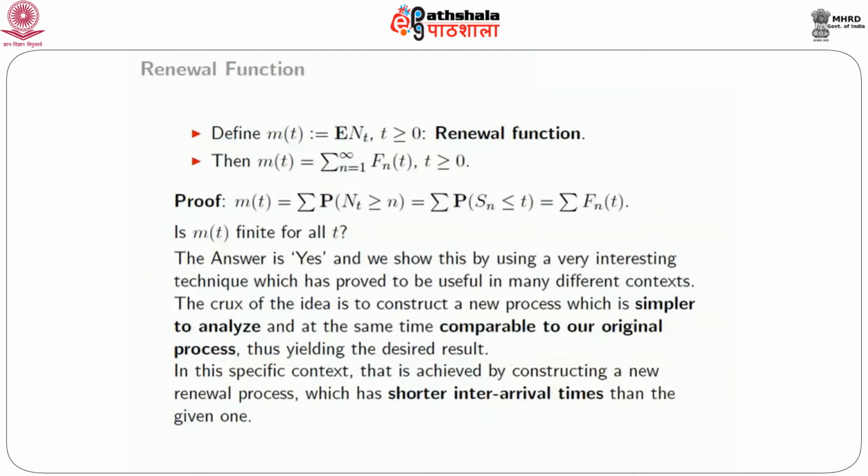So if that has a finite expectation, then our process would also have finite expectation, and luckily for the new renewal process that we construct, we will be able to explicitly calculate the expectation and show that it's finite. And not just the expectation: as I mentioned, we would be able to show that all moments are finite, which will in turn show that our renewal process also has all moments finite. Anyway, let's get on with that.